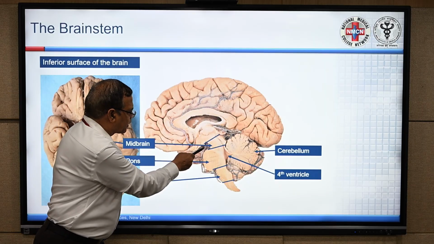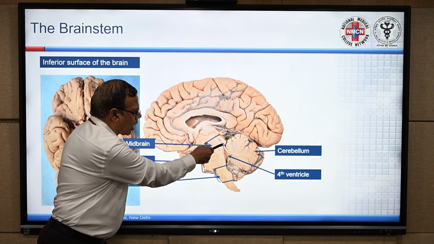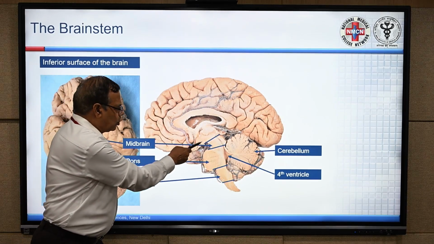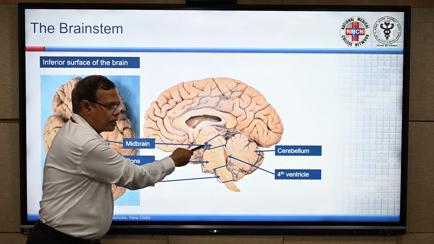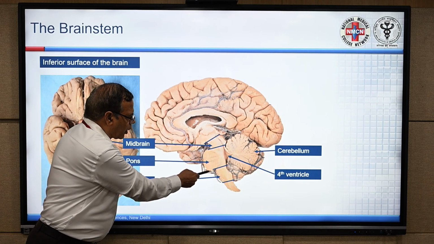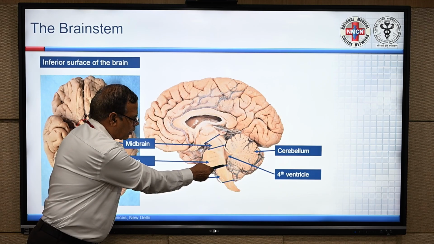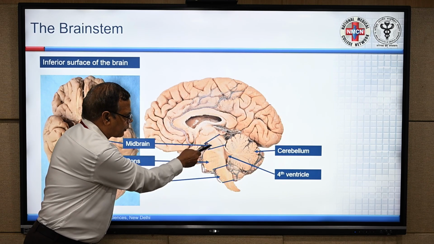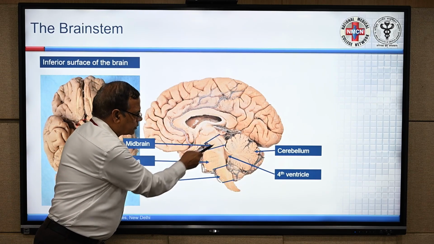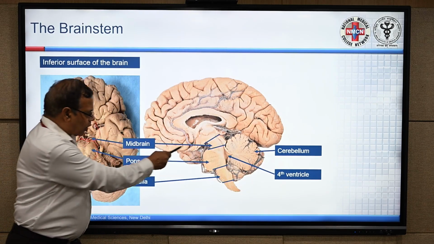If you join the superior border of the pons and, posteriorly, the inferior colliculus, this is the lower border of the midbrain or upper border of the pons. The line joining the lower border of the pontine sulcus, if it extends backwards, is the boundary of the pons.